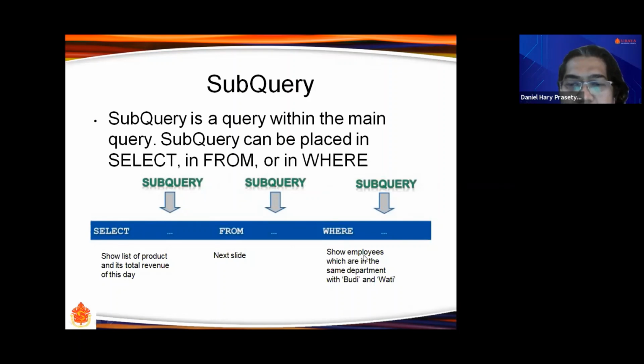For example, employees who are in the same department as Budi and Wati. So maybe they are where, and then department equal to, we can put a subquery there. Select department from employees where employee name Budi or Wati. So the subquery resides in the where clause.